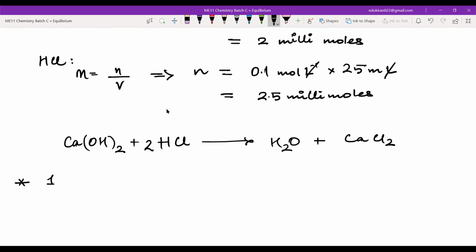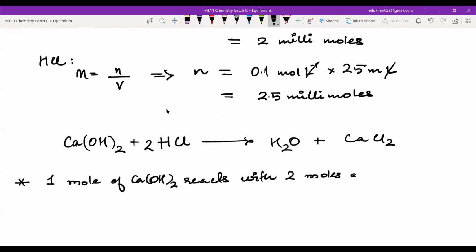I will say that 1 mole of Ca(OH)2 reacts with 2 moles of HCl. Yes, Samira, in front of H2O we have to write 2, right? Yes, correct. But we are more interested here in the reactants.